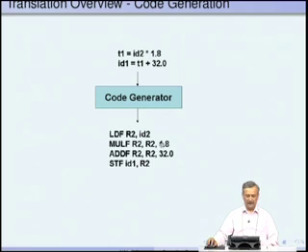Now R2 will contain the value of the expression ID2 * 1.8. And now instead of ID1 = T1 + 32.0, since the value of T1 is already in the register R2, we can simply say add floating point R2, 32.0, and finally store floating point ID1, R2 will assign the value of this entire expression to ID1. This is the sample machine code which is generated in a compiler.